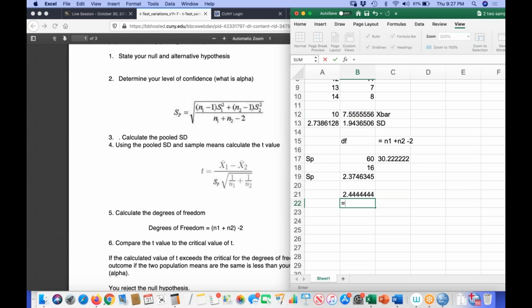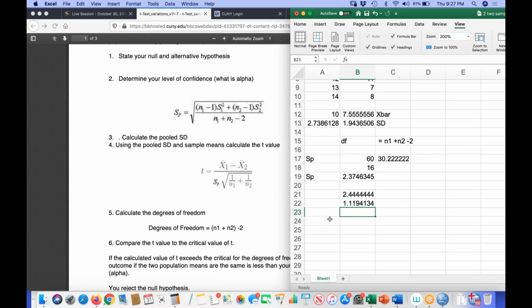The bottom part is equal to our pooled standard deviation times the square root of 1/9 plus 1/9. I have to put parentheses around that. It will do the inside first, then find the square root, then multiply. That should work.